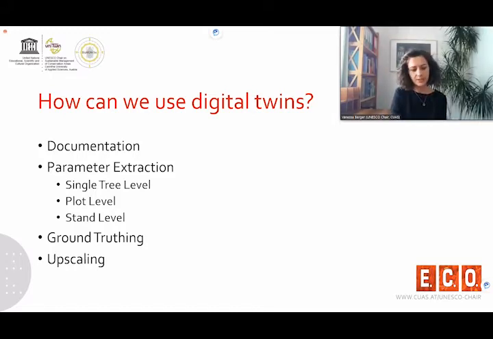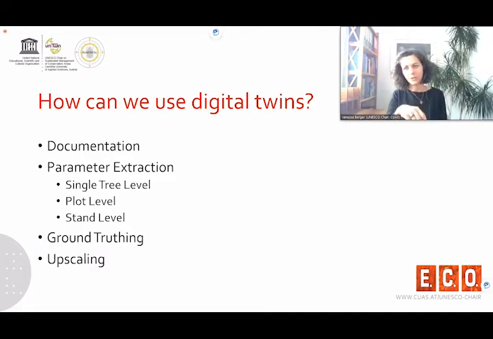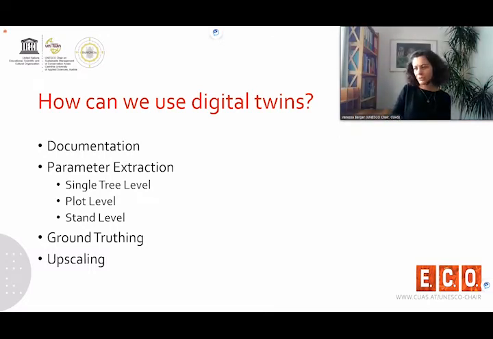So in Canada, for example, they use digital twins like airborne laser scanning at a low flight height, and also TLS to get a better overview of a few plots and then upscale it to the whole region. So you have a few parameters where you definitely know what's out there, and then you can use it and find some patterns also in the big satellite data.